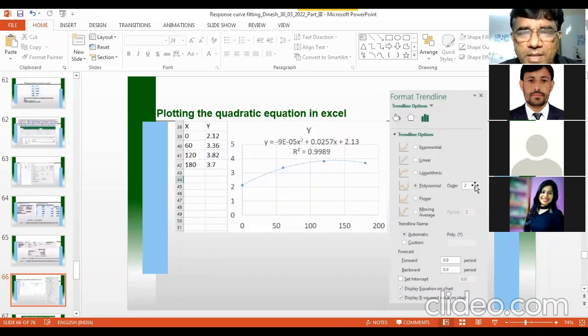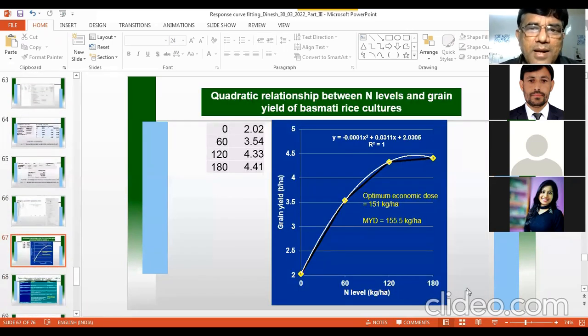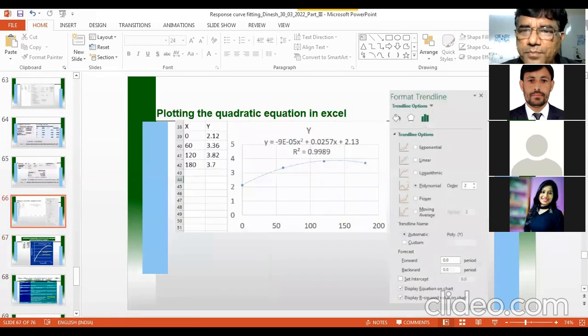If you want cubic, select 3, and so on. At the bottom, display equation on chart and display R squared. So you get this equation. You already got it here, and this is your original data. So fitting and plotting of the equation is also done in Excel.